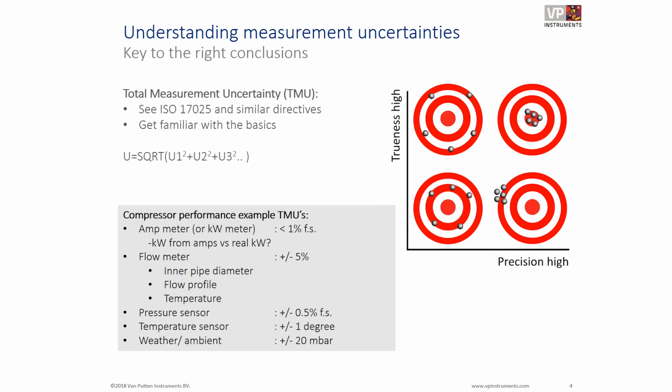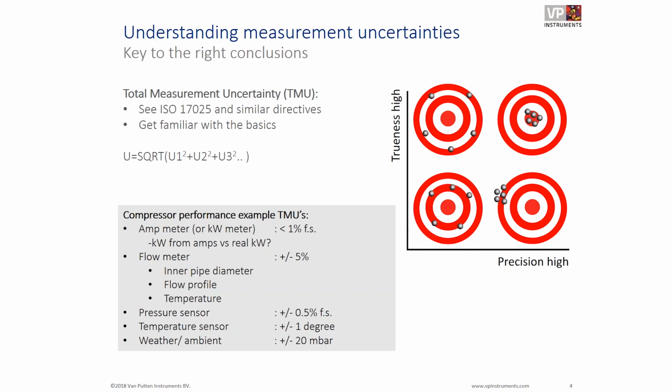As I mentioned, it's important to understand measurement uncertainties. And this is quite a complex subject for a 10-minute presentation, so I'm going to make it brief here. But it's important to know that if you're measuring, then every sensor you're using and also the equipment you're measuring has a certain uncertainty.